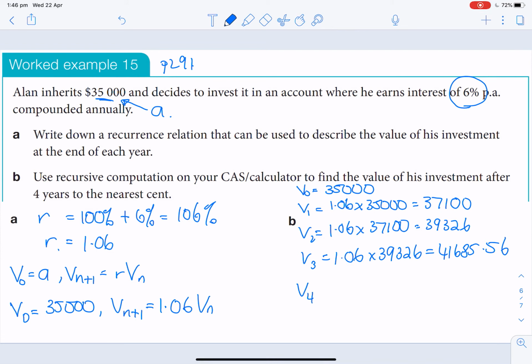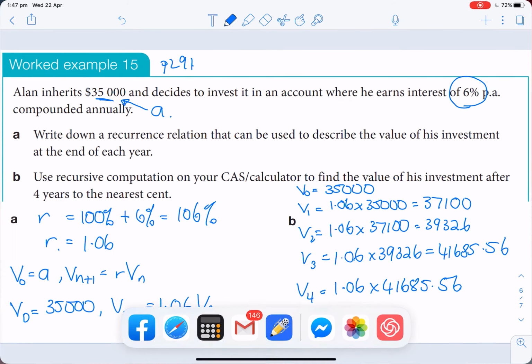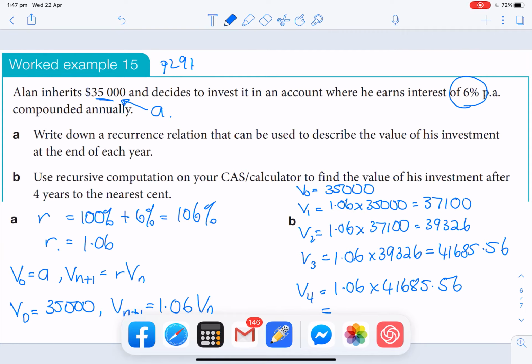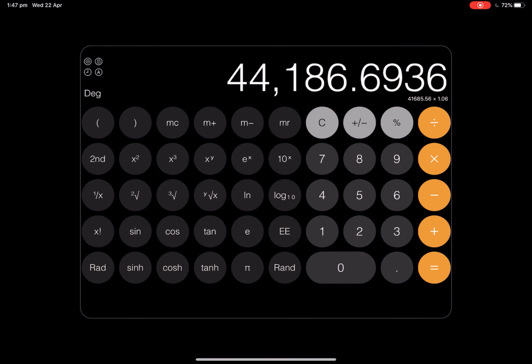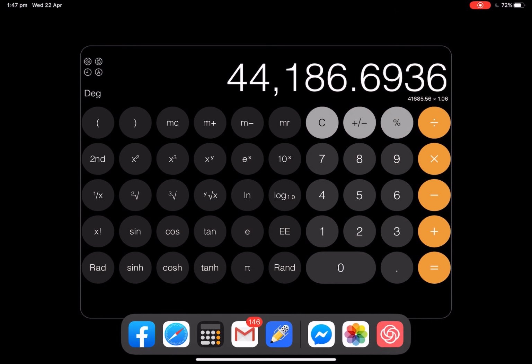And V of 4 equals 1.06 by 41,685.56, which equals 44,186.69.